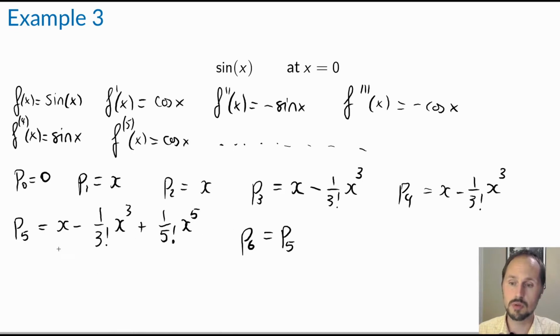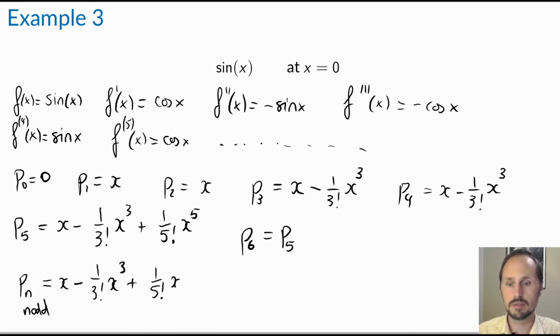Right? So in general, if I want Pn when n is odd, we're going to get this thing that looks like x minus 1 over 3 factorial x cubed plus 1 over 5 factorial x to the fifth minus 1 over 7 factorial x to the 7, plus and minus and plus and minus.